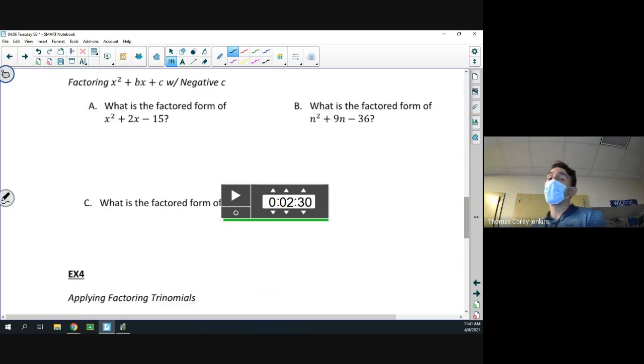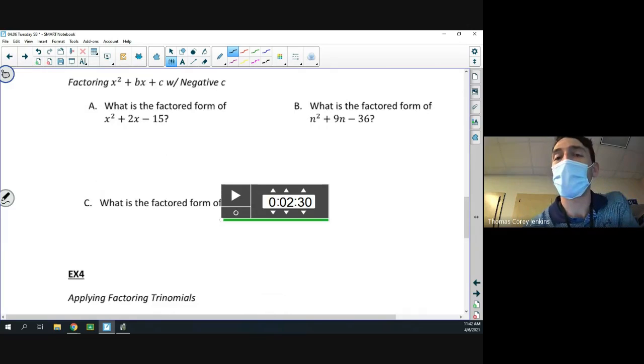All right, so again, we're not doing anything different here. These are just your toughest ones, and I know they're your toughest ones because if you look at C, the last term on all of them, they're negative, all right? So if two numbers multiply together to make a negative, what about the signs? One of them's negative, one of them's positive. That's right. So these are just a little bit tougher for whatever reason, okay?